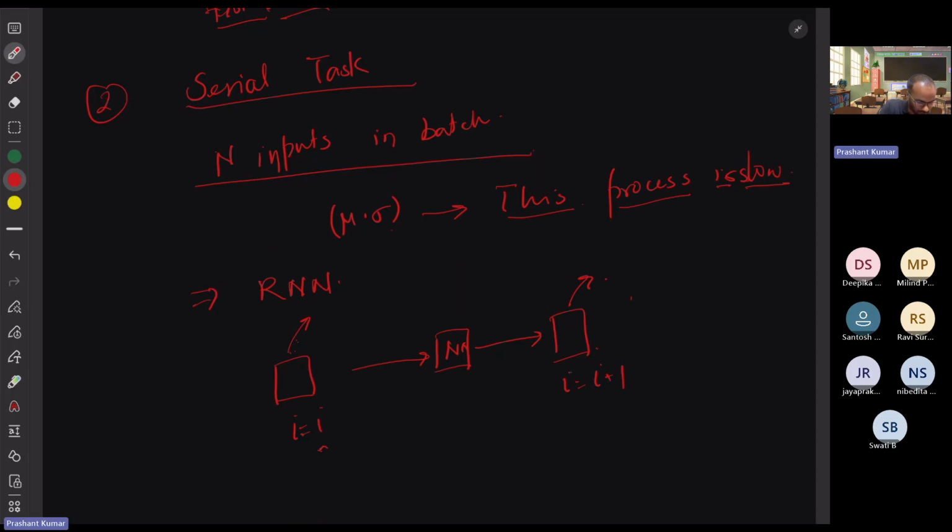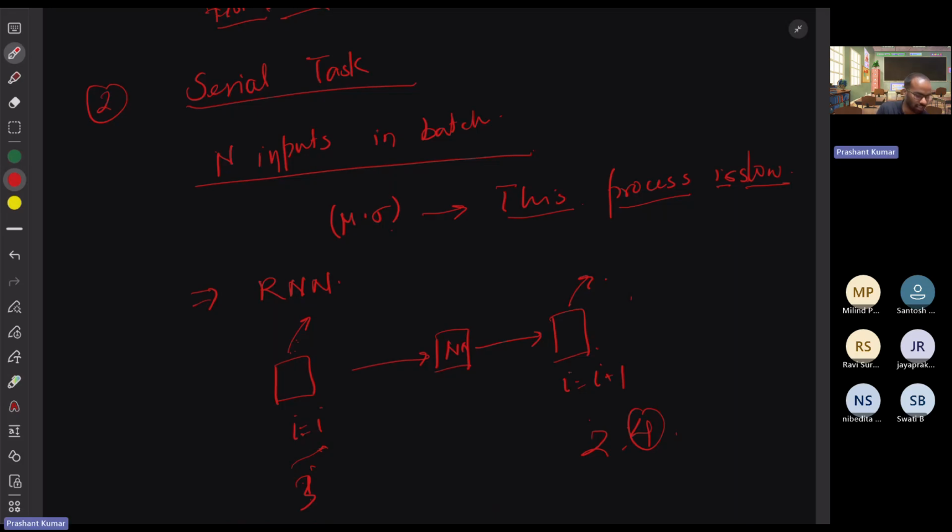So you cannot give 5 inputs and then predict the 5 outputs. This will never happen. You give the first input, you predict the second output. If you give the third input, you predict the fourth output. So this is always a serial process, and there is always a sequence. And when there is a sequence, you cannot do things in parallel, right? That's why you cannot do batch normalization in a recurrent neural network.